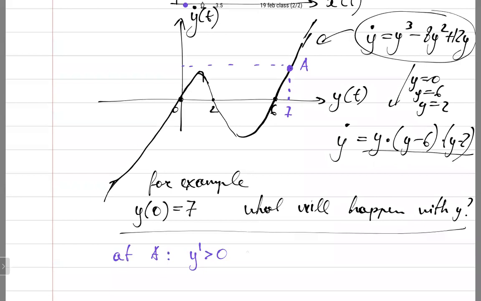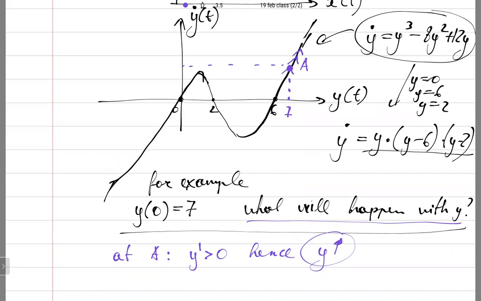Hence, I see that y will go up. If y prime is positive, then y is growing. So starting at value 7, y will grow, but I cannot leave this line.